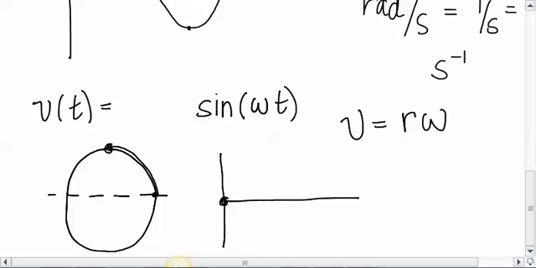Then 2 quarters, 1/2 of the time, it's back down to the same level it was initially. Then 3/4 of the time, it gets down to a negative position. It's below the diameter now. And then for the last quarter of time, it gets back to where it started from. So an object moving in a circle is very sinusoidal.